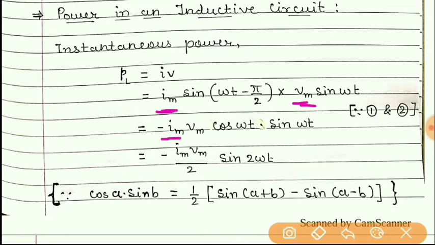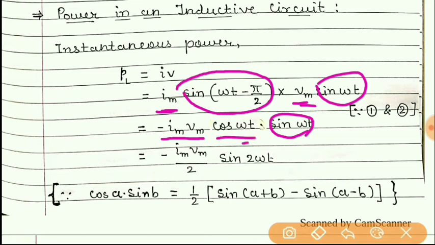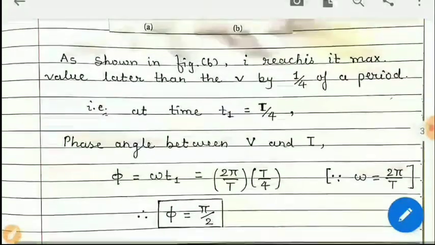So we have taken this out, Im Vm. So now this sin omega t as it is, but what is sin(omega t minus pi by 2)? It is cos omega t, but minus. This is not new.